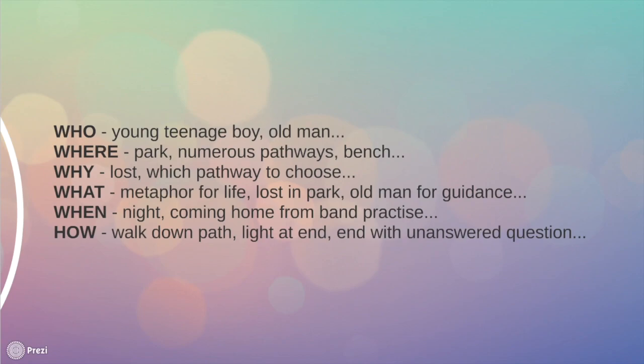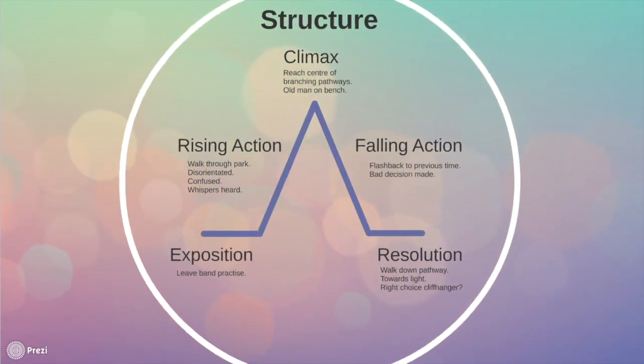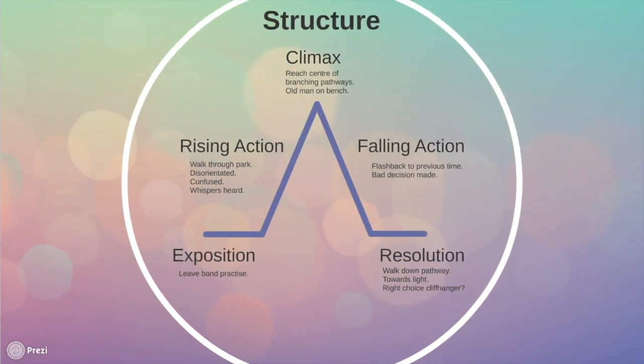So the walk down the path, the light at the end, ending the story with an unanswered question, which is always a very powerful way of ending a narrative. So again, just listing things, which is easily done within 5 minutes. So that's your 5W plus H, rather.